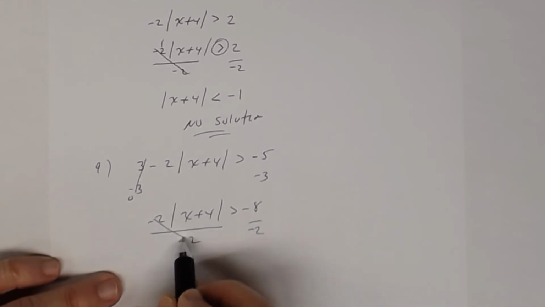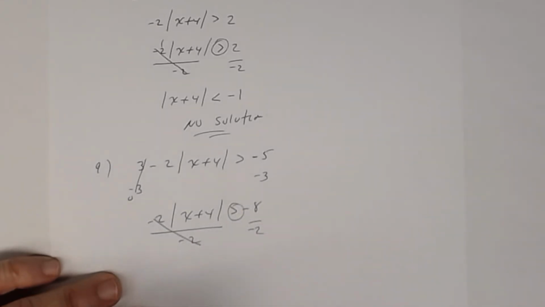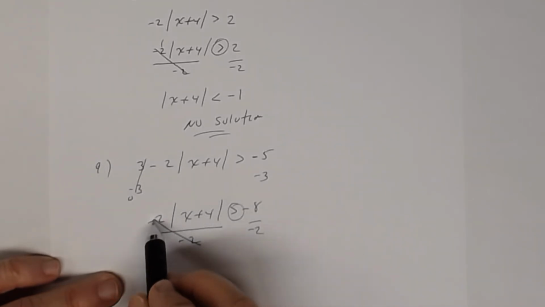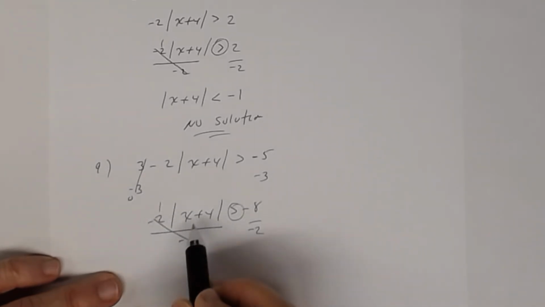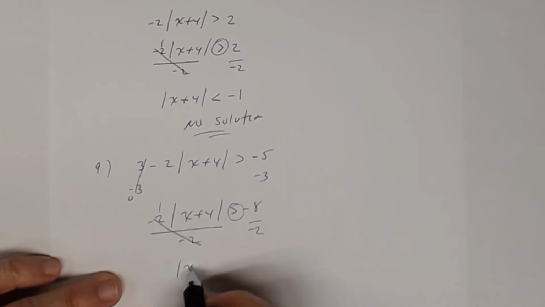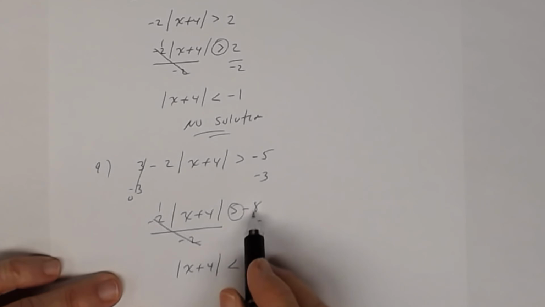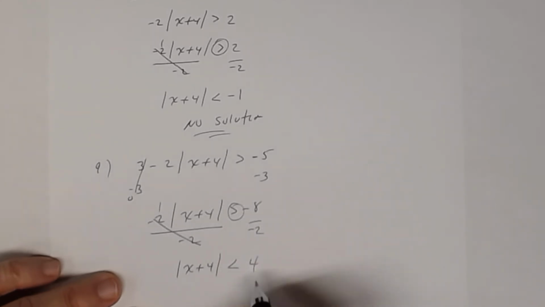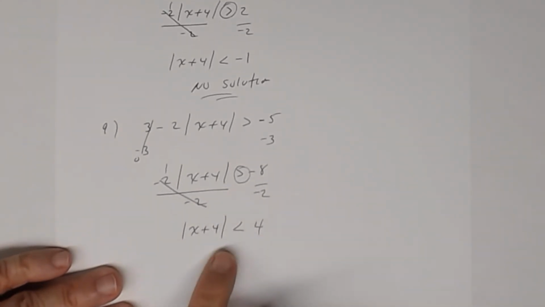And when I divide both sides by negative 2, remember you have to reverse that inequality symbol, correct? So when I reverse that inequality symbol, negative 2 divided by negative 2 is 1. 1 times the absolute value of x plus 4 is the absolute value of x plus 4 is going to be less than negative 8 divided by negative 2, which is a positive 4. Okay, now I'm going to get solutions here, right?